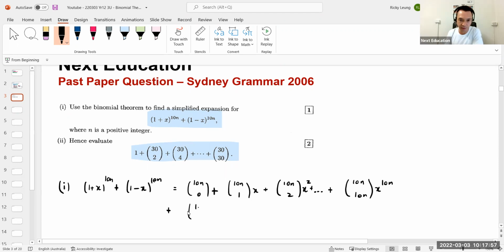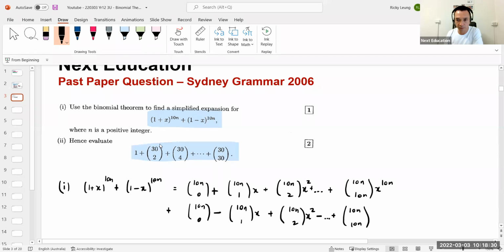So it looks like 10n choose 0 plus, oh, sorry, when it's a minus there, it's almost like this is a minus, and so automatically I can start alternating the odd numbers already. So that's like subbing in that plus 10n choose 2 x squared, then minus plus and so on in the middle, 10n times. Now that's negative.